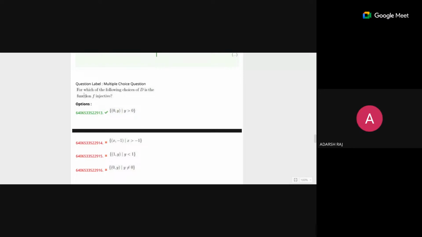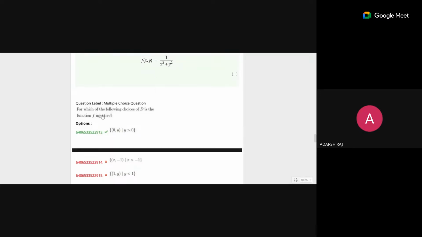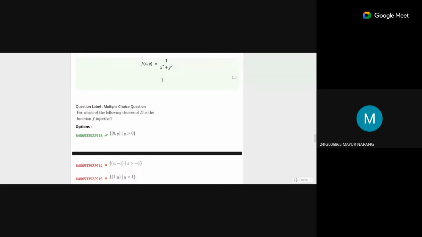So here we have the question: for which of the following choices of D is the function injective? What is the definition of an injective function? One-to-one function. So what are the criteria for checking that a function is injective?